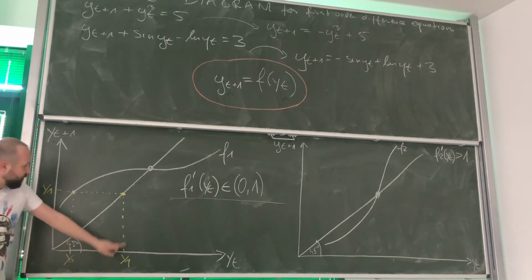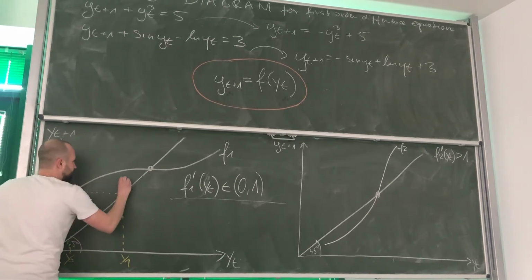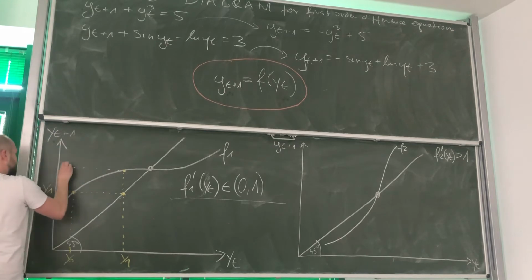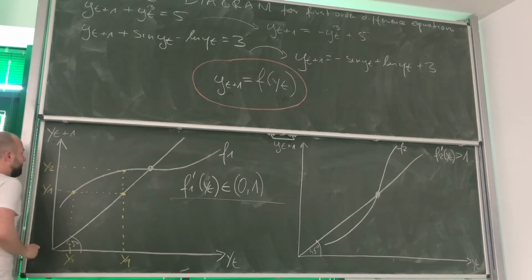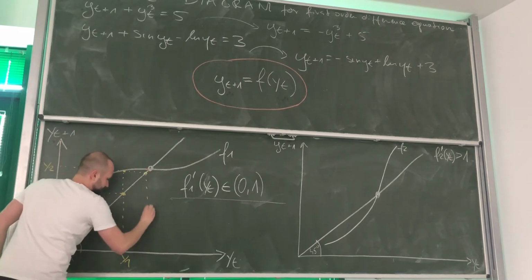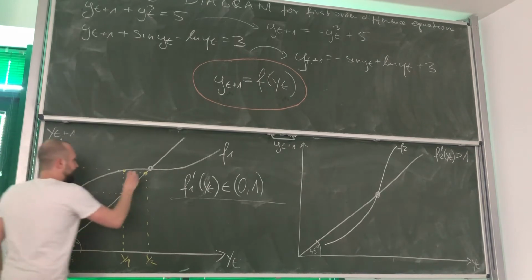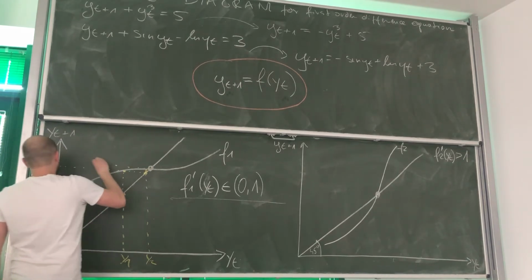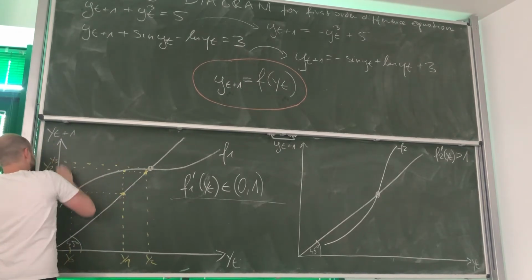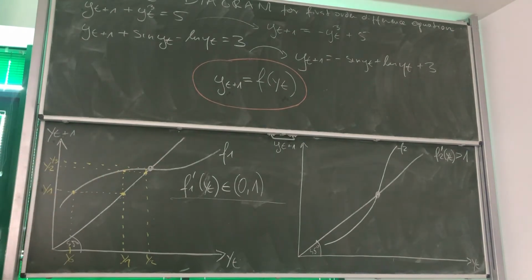So, if y1 is this much, then y2 will be here. Okay, but if y2 is over here, I can use it to put it over here. And then I'm going to be able to read y3. And look, this is why we actually are using the line.